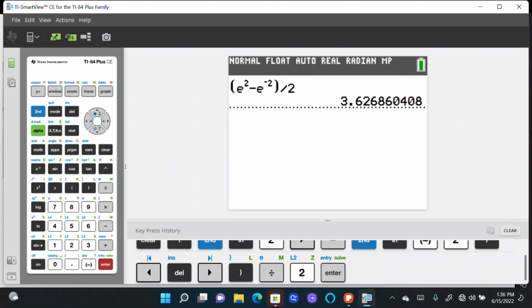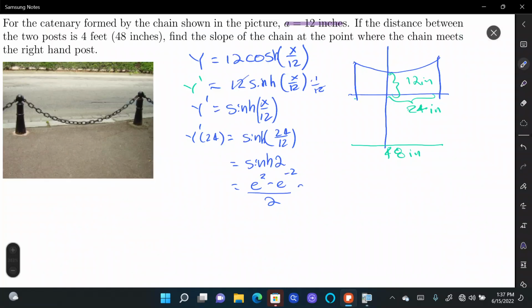Typically we round this to two decimal places, 3.63. If you got anything different, double check your syntax here. Be sure to have the parentheses around both terms. So that's 3.63. All right, so that's the slope.